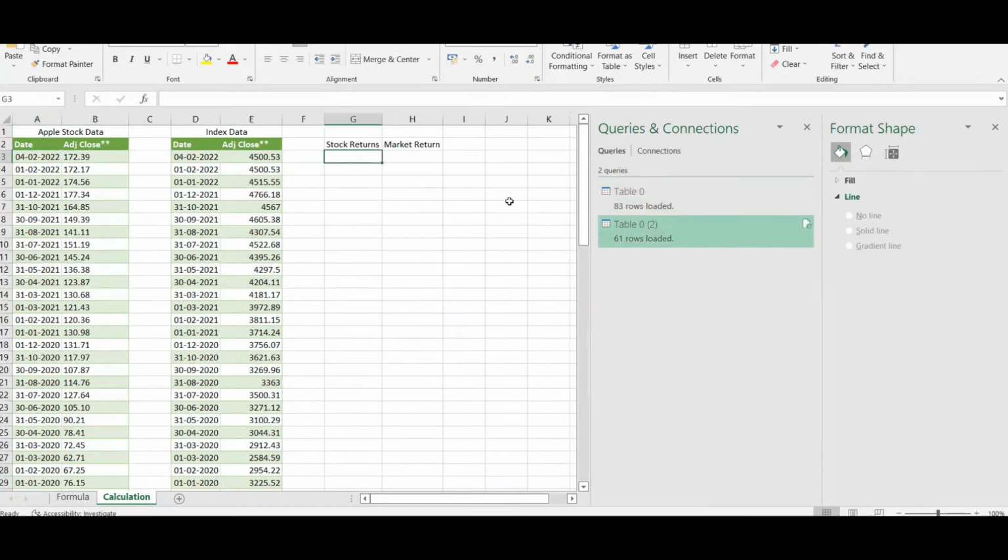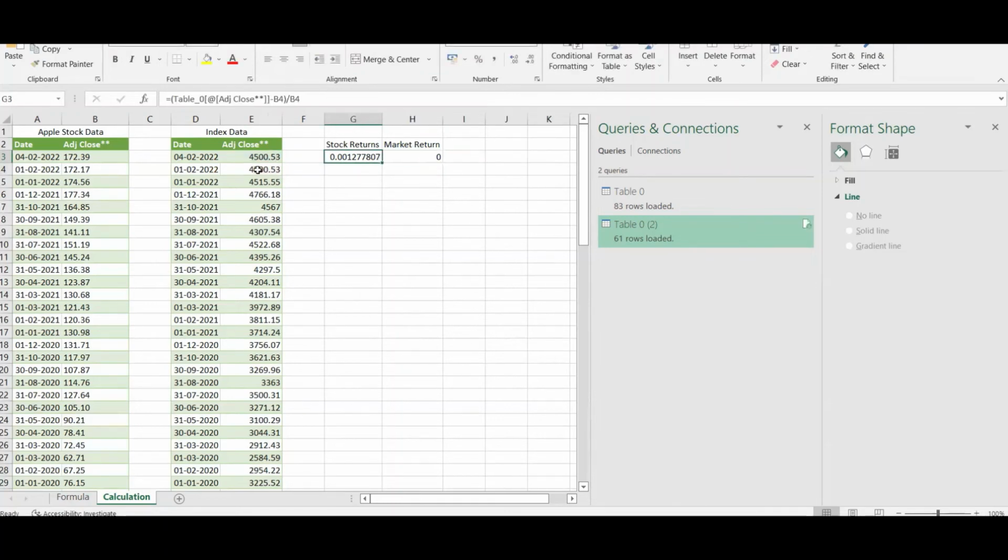So this is my final price of stock as on 4th Feb, and this is my initial price, divided by my initial price. So this is my returns. Similarly, I can calculate return for the index. This is my final price minus my initial price, divided by my initial price again.